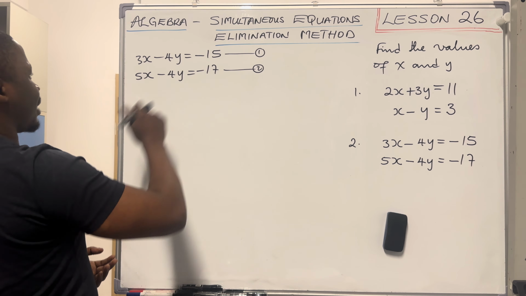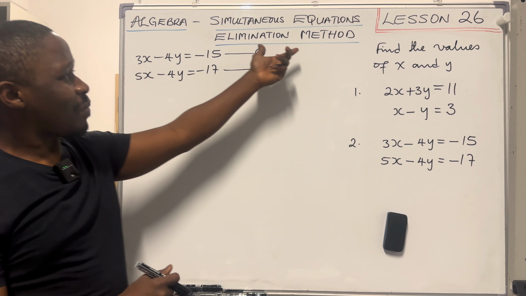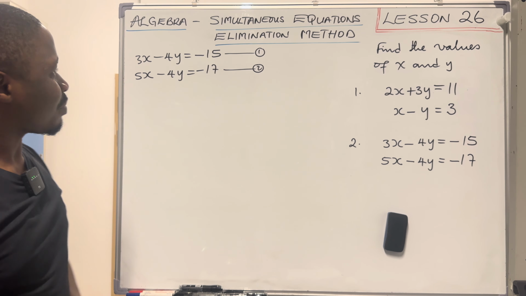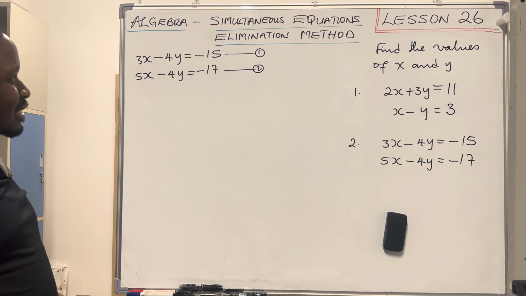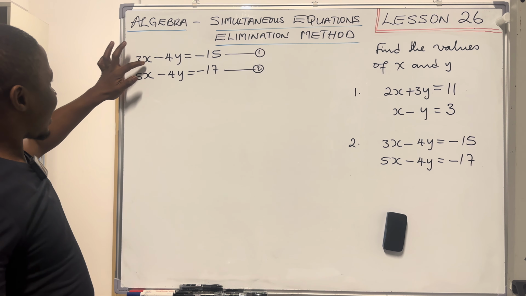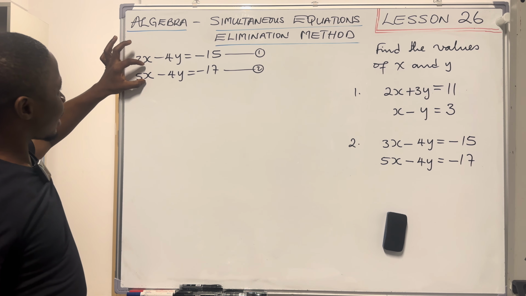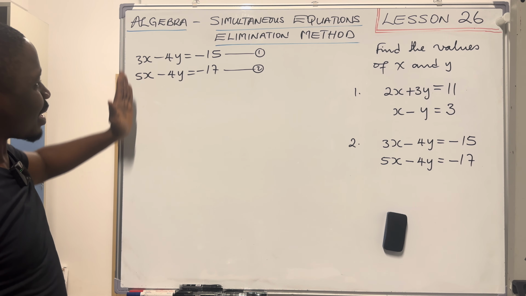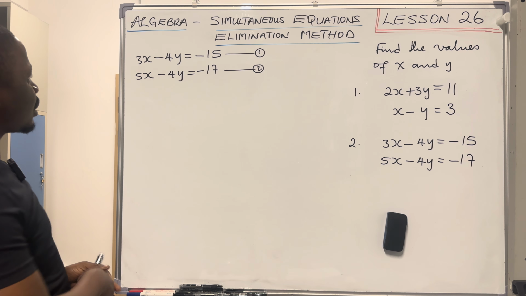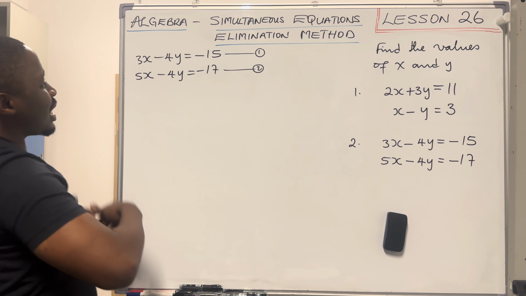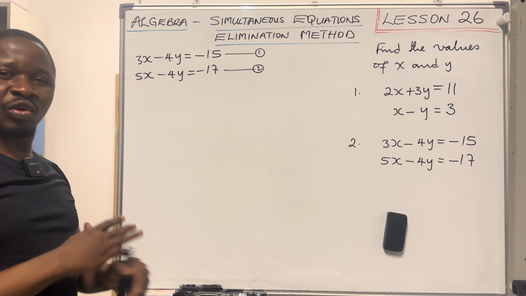We have labeled them and we want to apply the elimination method. The first thing is that we want x and x to correspond like this. See, they are occupying the same position. After which, y. You can even choose to swap them. It doesn't matter.